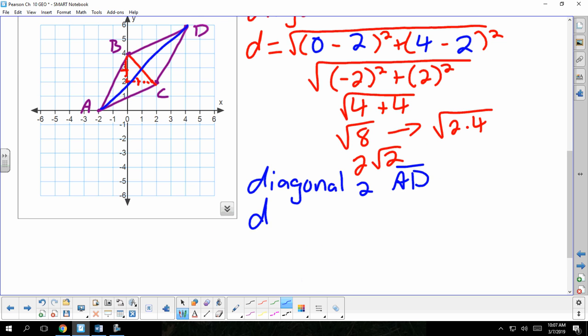So use our distance formula again. Take a second, set up your shell. See if you can find the distance between those 2 points. I'll give you a few minutes. Remember, just plug your x's together and your y's together for points A and D.